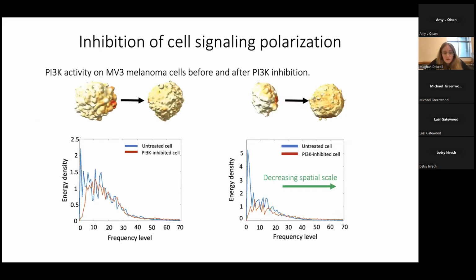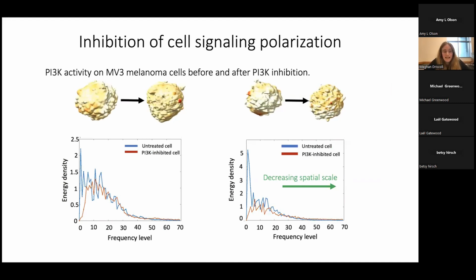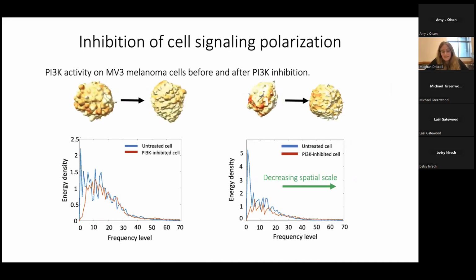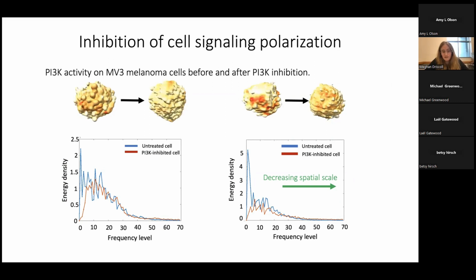And what this gives you in practice is a way to ask at what scale information on the cell surface is structured, right? So here we're looking at PI3 kinase activity. PI3 kinase activity, because it's associated with the cell front, is often polarized, right? Which is a low frequency signal, right? And indeed, if we measure PI3 kinase activity on the cell surface and we inhibit that activity, we see a preferential drop in frequencies at low levels, right?